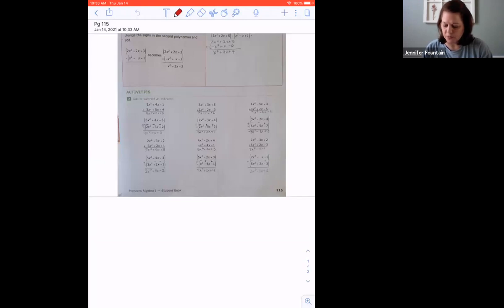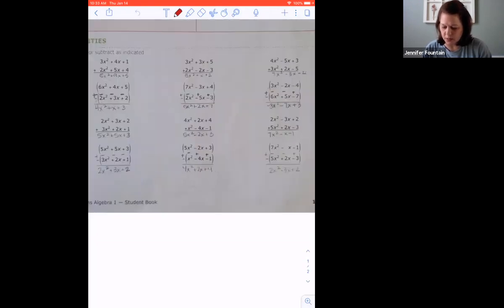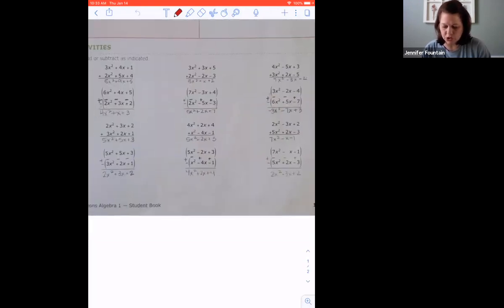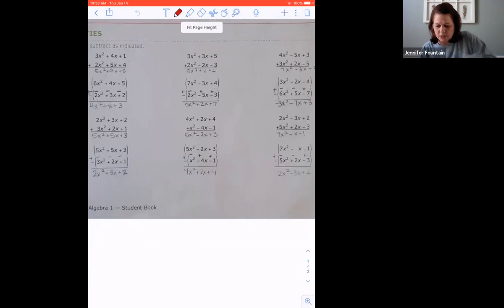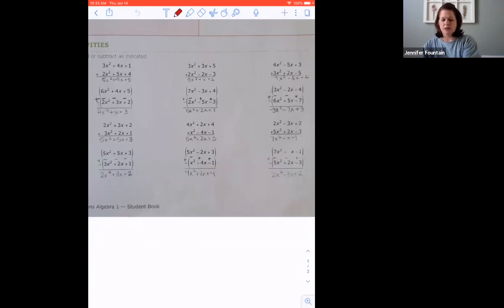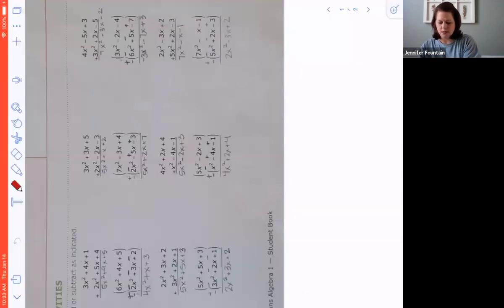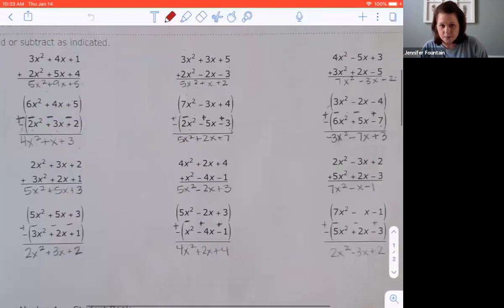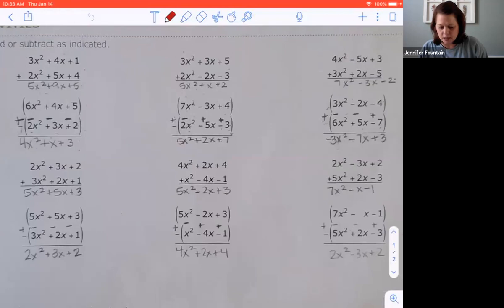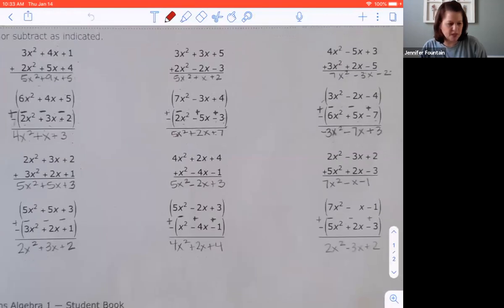All right, so page 115, go ahead and look at those. Go ahead and check your work. Actually, let's see if I can make it bigger if I turn my screen this way. Okay, be checking your work while I get the other pages loaded.